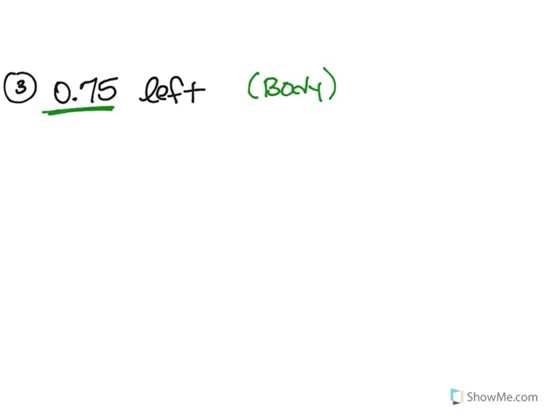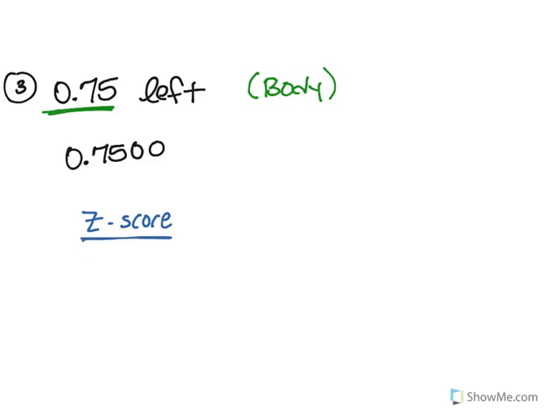Now, if you need to see all four decimal places, it would be 0.7500. So you're going to take your table and look for 0.7500 in the body column. We're switching columns. We were just in the left tail, now we're in the body column.